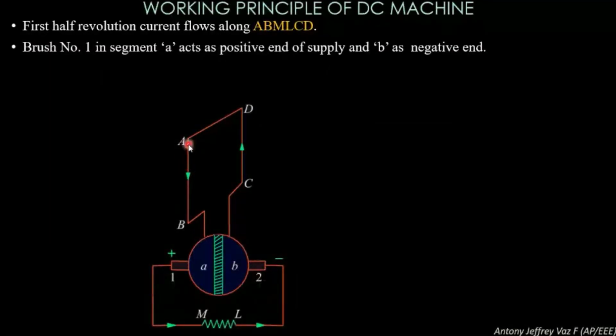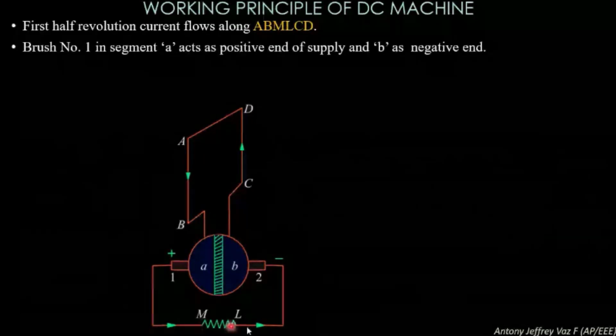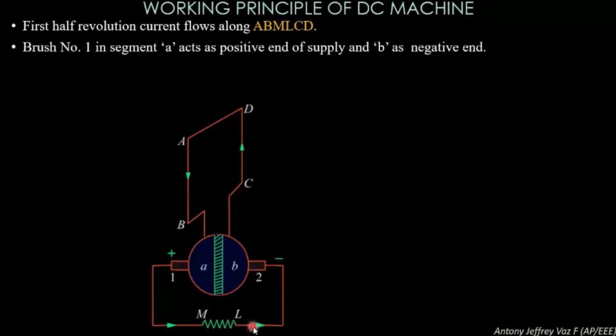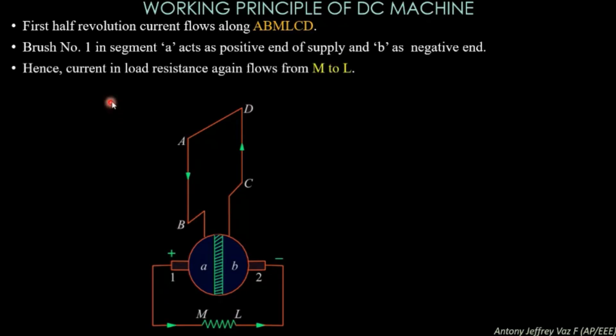Since the current is flowing from A to B in this direction, here the current enters from M to L. So you can see the segment A is positive and the segment B is negative, whereas the resistance M is positive and L is negative. Hence, the current in the load resistance flows from M to L.